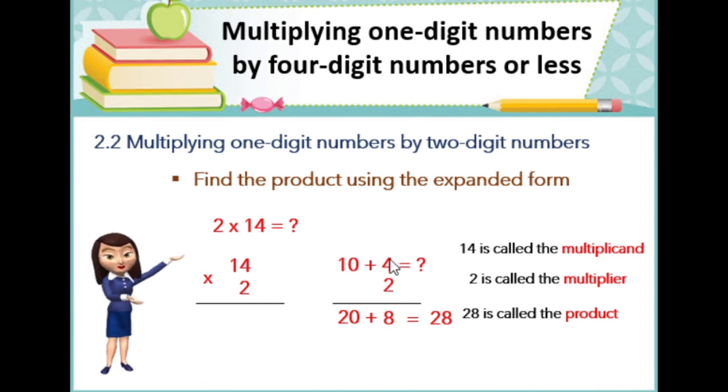That's 4 times 2 equals 8. 2 times 10 equals 20. That gives us the product of 28. Now 14 is called the multiplicand, 2 is called the multiplier, while 28 is called the product.